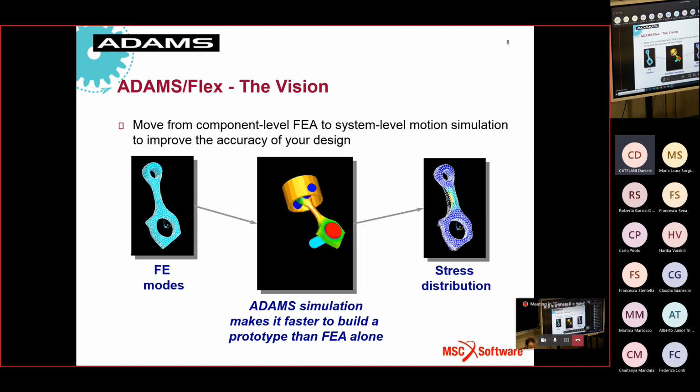What is the idea? You have your mechanism defined with rigid bodies, and you can decide that one or more bodies have to become flexible. So this element is defined with its geometry, and it is transferred to a finite element preprocessor.